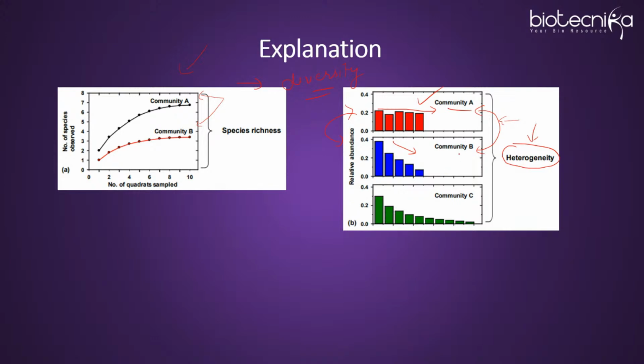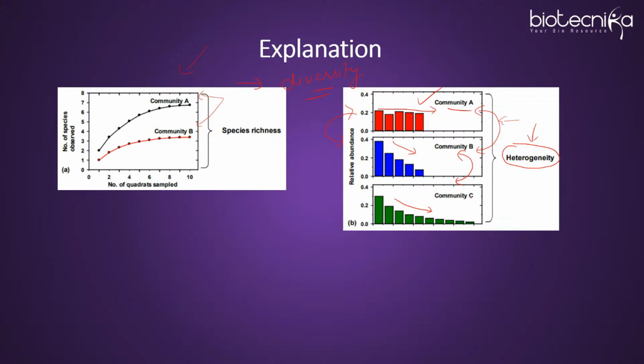Now if I tell you to compare community B and community C, here the pattern is the same. Again, which one is richer? Which one is more diverse? Yes, Kinjal, Vishal. Out of the two, community B and C, which one is more diverse?